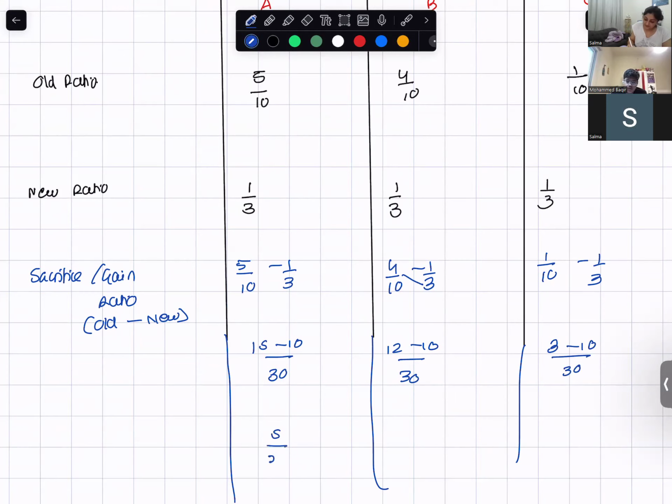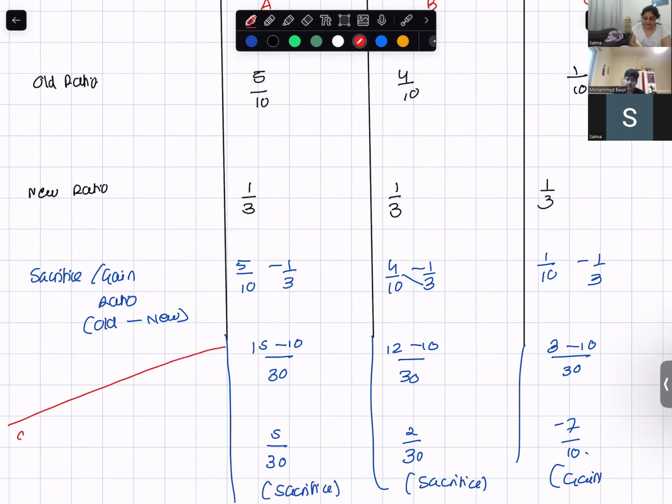So it will be 5 by 30, 2 by 30, minus 7 by 30. This is sacrifice, sacrifice and gain.